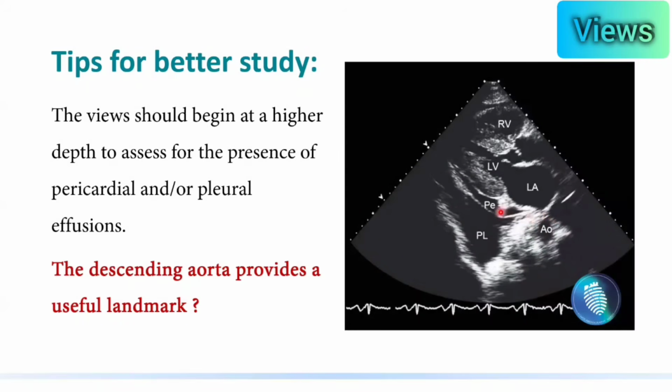If we notice that we have a fluid collection between the aorta and the left atrium, or in front of the aorta, this is pericardial effusion. While if the collection is behind the descending aorta, it is pleural effusion. So if we see a collection here, we have to search for its relationship to the descending thoracic aorta.